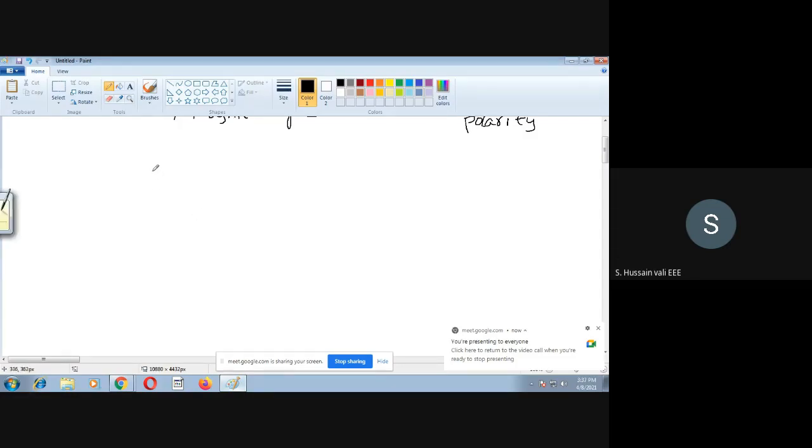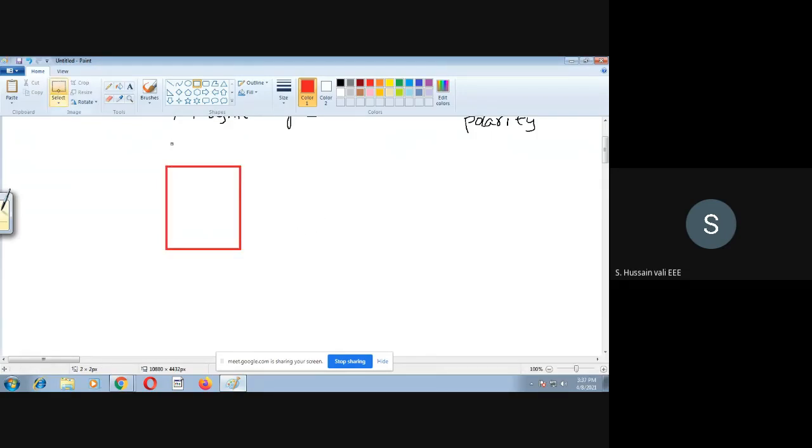So assume we have a coil. This is a coil. Okay, and it's a rectangular coil. We represent it like that. It's a rectangular coil.